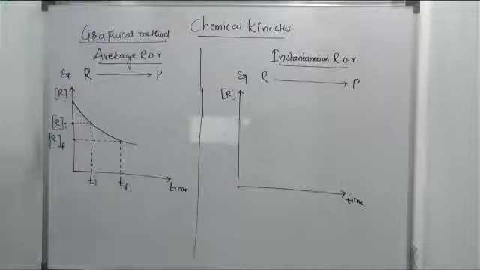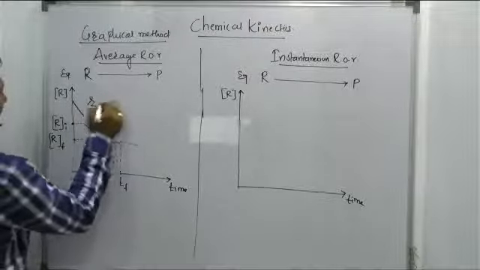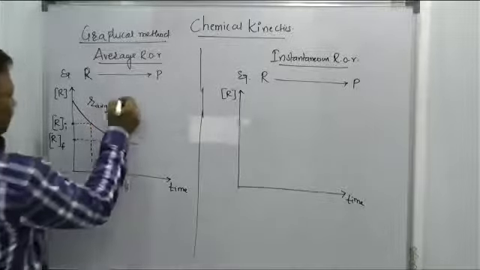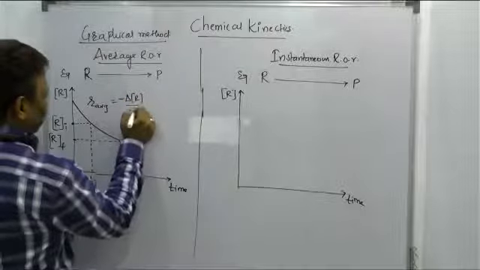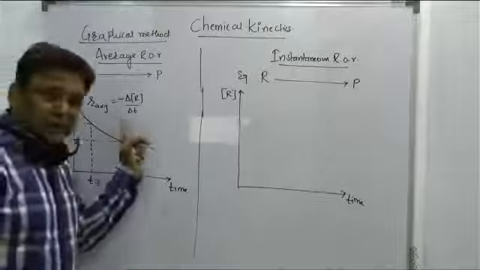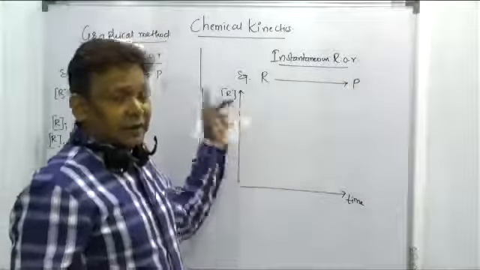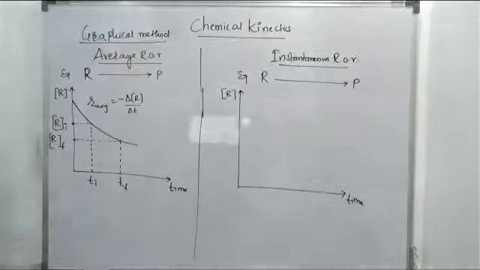Right, sir? I want to get the average rate. R average means average rate. How to get the average rate, sir? Minus of change in concentration of R with respect to time. It is at an interval; at that instant we use it only for instantaneous, but for an interval I should use it for the average. What is the change in the concentration of the reactant?